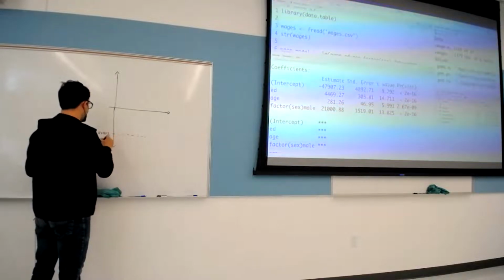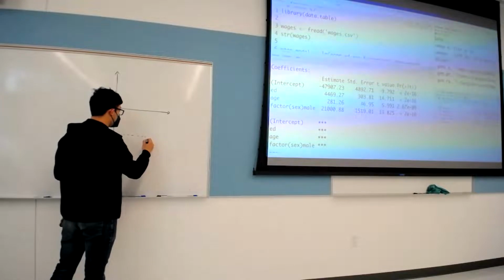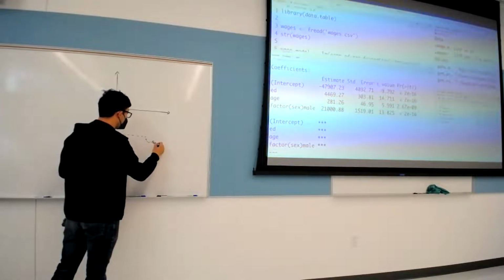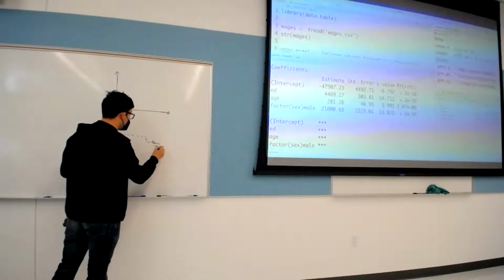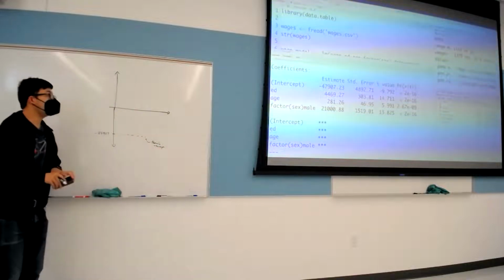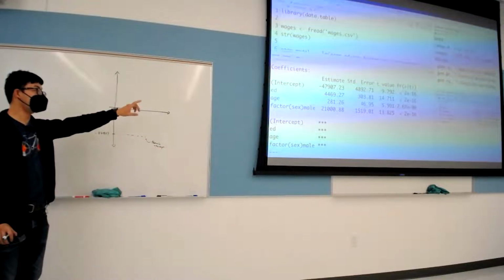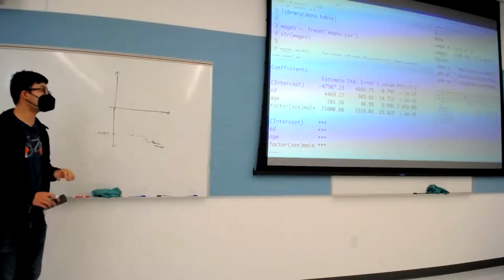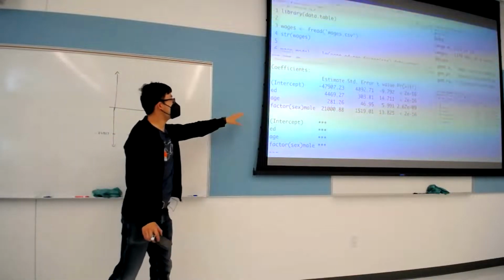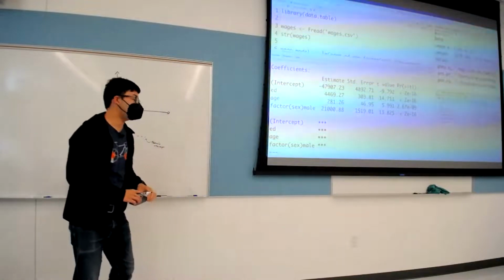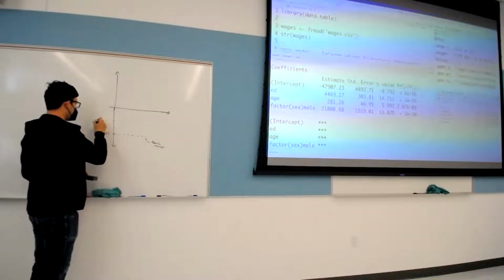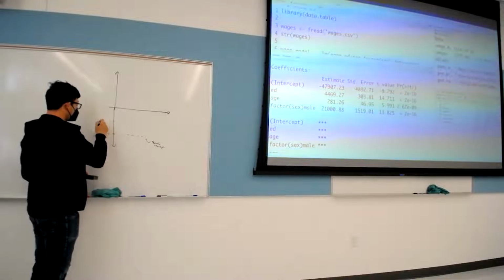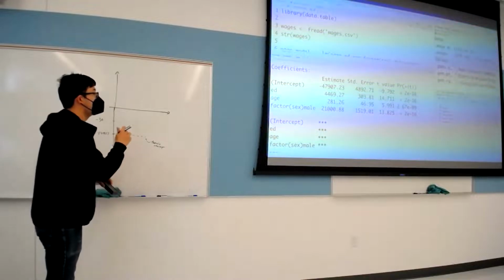Okay, and so this is the female intercept. And then for categorical variables, it modifies the intercept. So this is going to be plus 21,000. So for the male, it would be something like minus 26,000-ish.